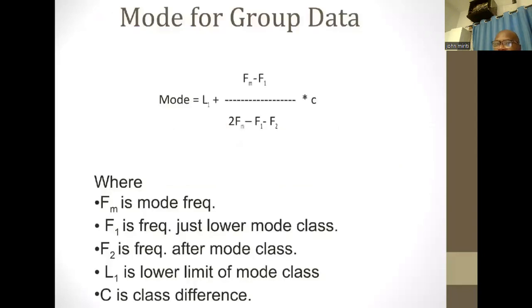Now, let us see the formula for calculating a mode in grouped data. First of all, you have to classify the data.